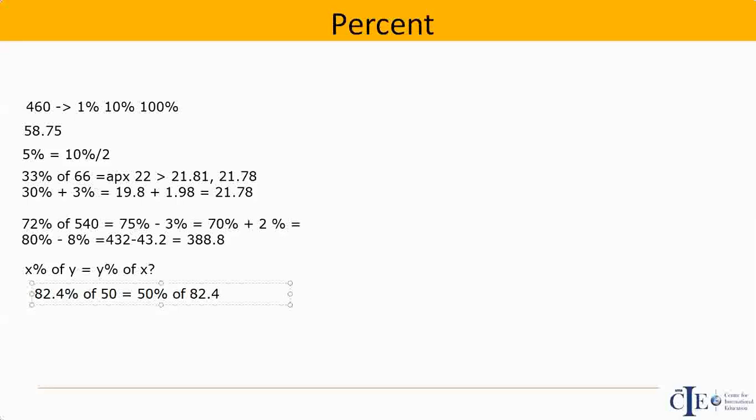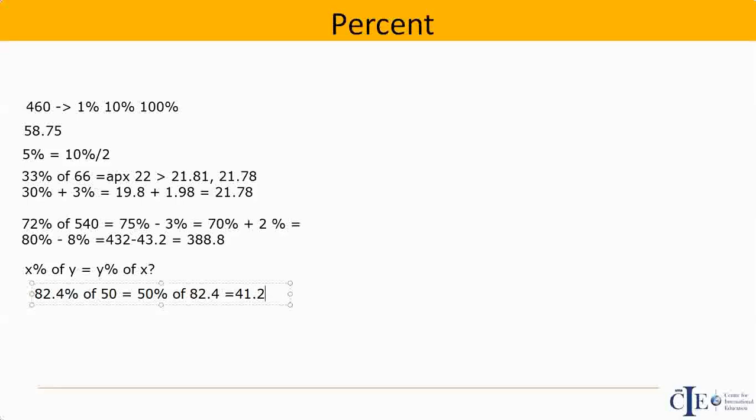Correct? Now just see which side looks easier to work with, the left or the right side. 82.4% of 50, although 50 is a very friendly number, I would still say I have to find 82.4%. Whereas if I look at the right side, it's just 50% of 82.4, which means I just need to do half of that, and that would simply be 41.2.